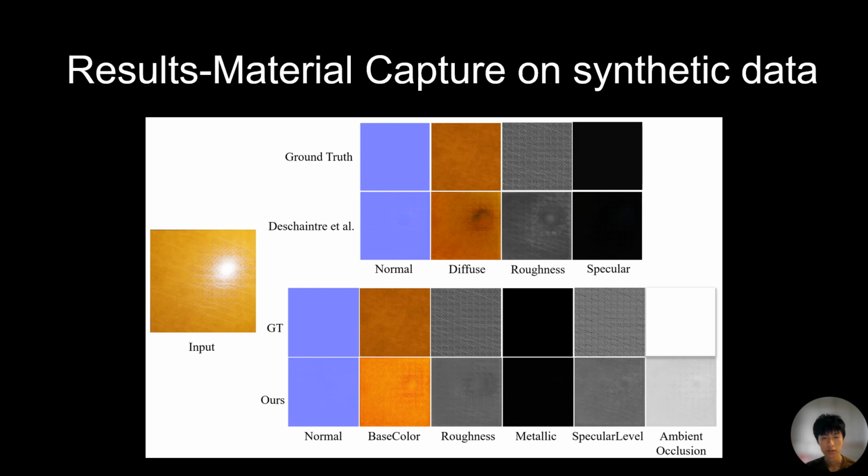We can get a similar conclusion here: in this area with strong highlight, the original network tends to understand that there is a specific distribution among this highlight area in the diffuse map and roughness map, while our work tends to decompose the material from the light and get more realistic results.